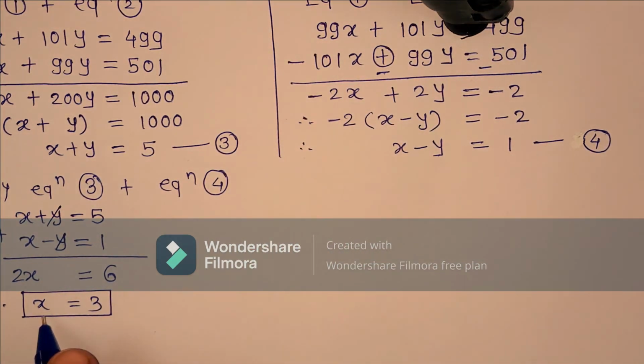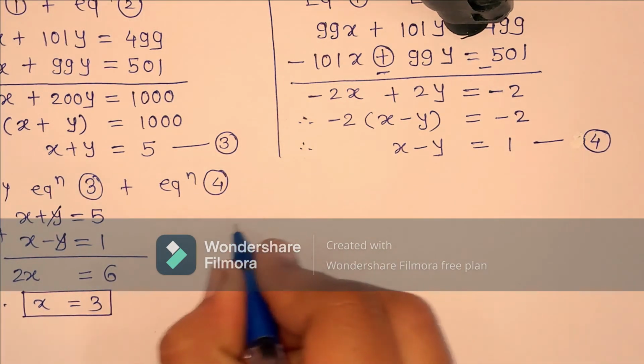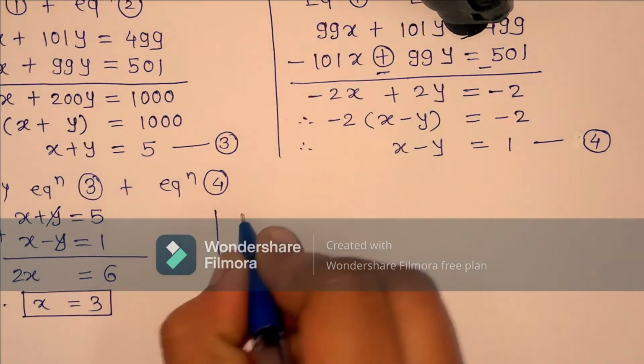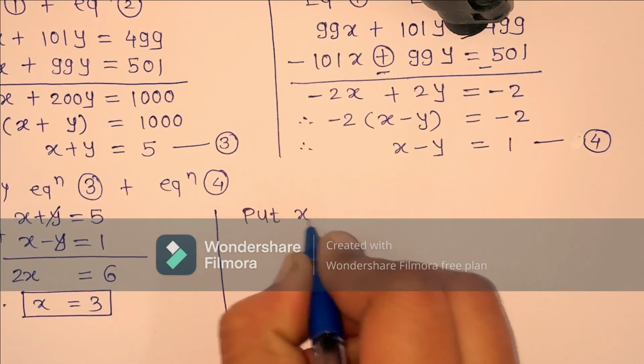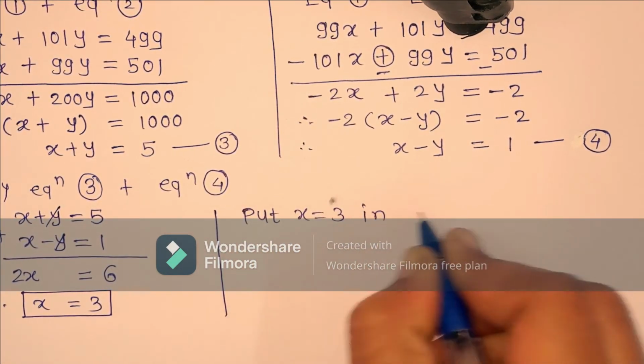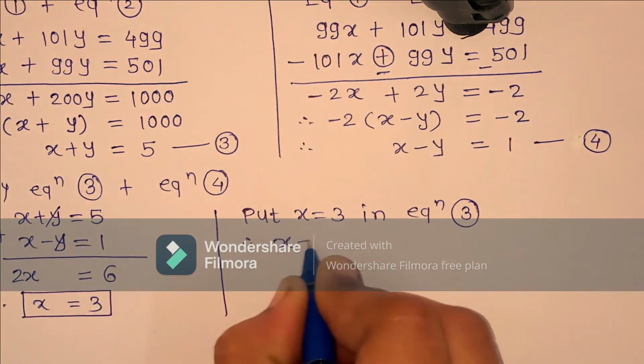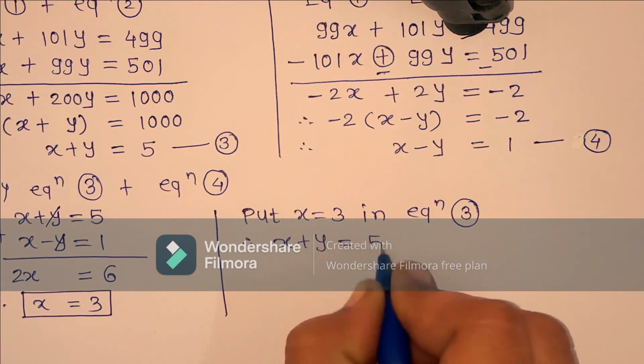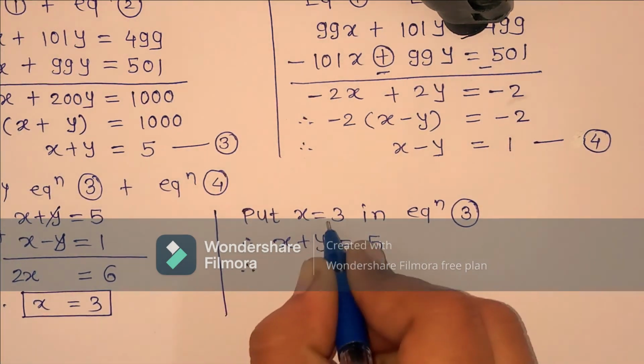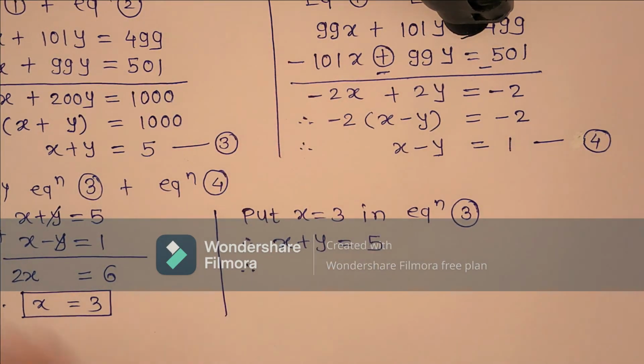Now after substitution of x, you can get the value of y. So put x equal to 3 in equation 3. What is equation 3? It is x plus y is equal to 5. So wherever x is there, put x equal to 3.